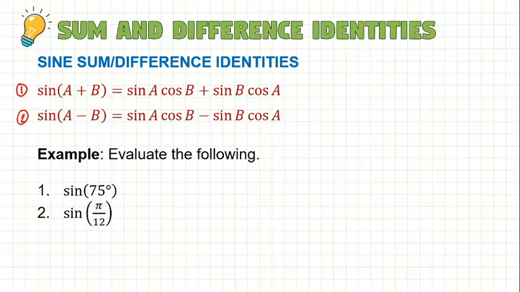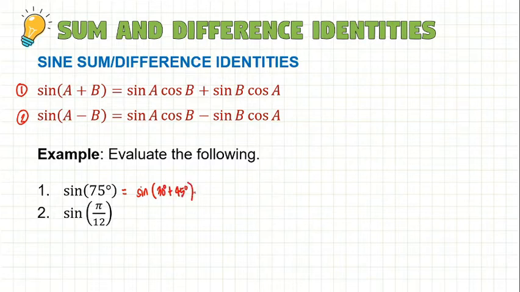Now, 75 degrees is actually the sum of 30 and 45 degrees, right? So we can write 75 degrees as 30 degrees plus 45 degrees. So we will now have sine of 75 degrees as sine of 30 degrees plus 45 degrees.